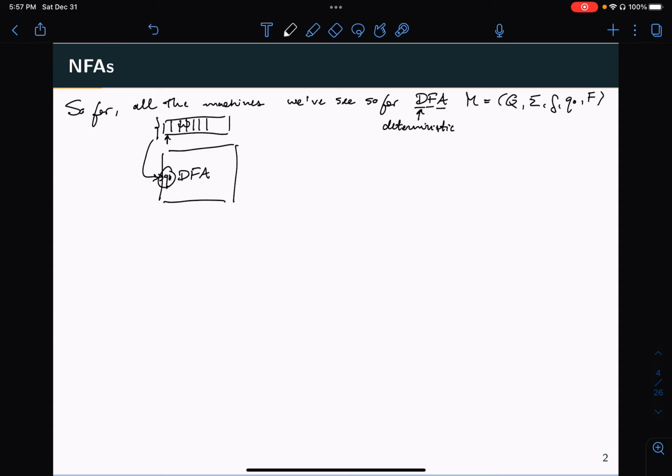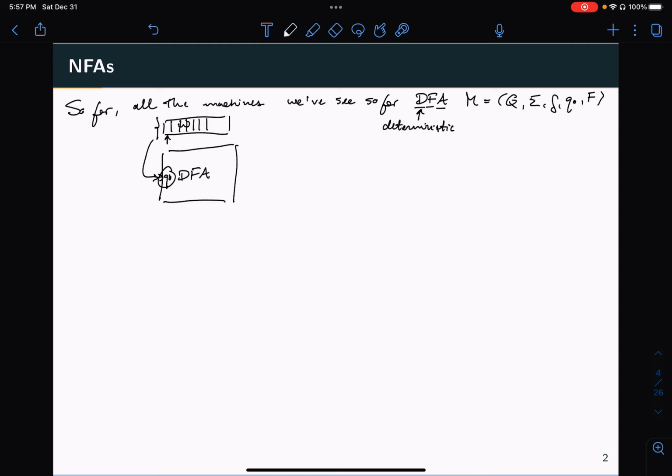And so it uses its transition function, delta, to go through each of the letters in the string W. And as it reads the letters in the string W, it transitions to the states that are specified in its transition function, right?